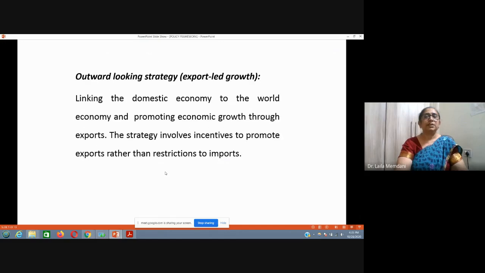Then there is outward looking strategy, it is export led growth. In this, the government tries to promote more and more export.